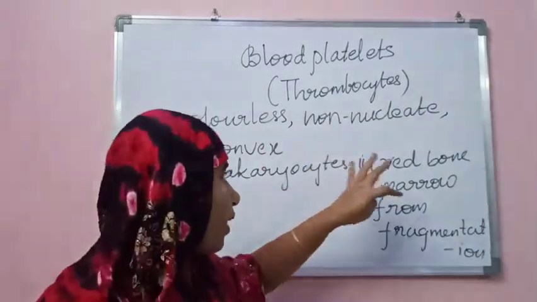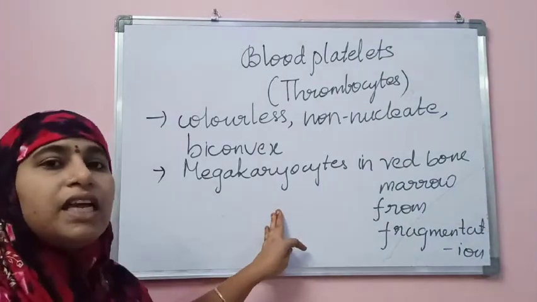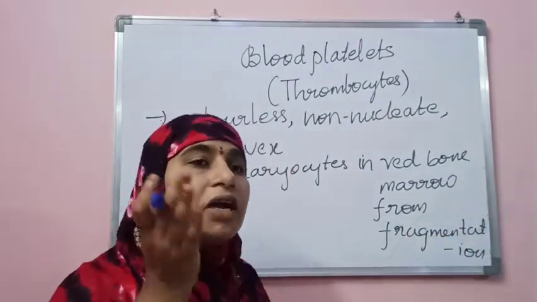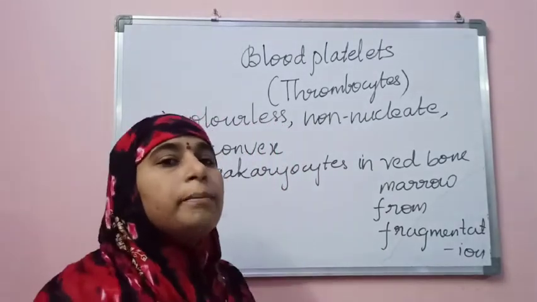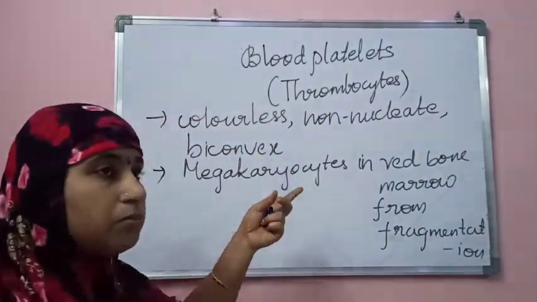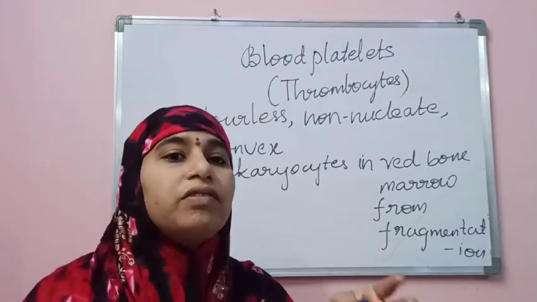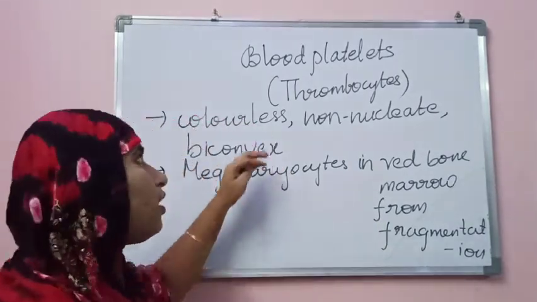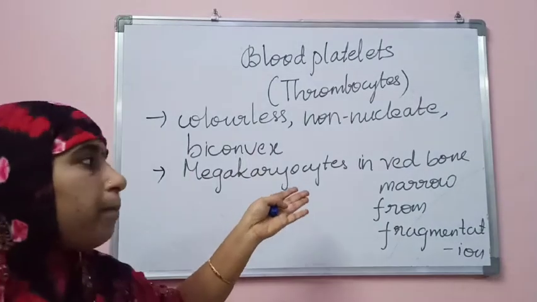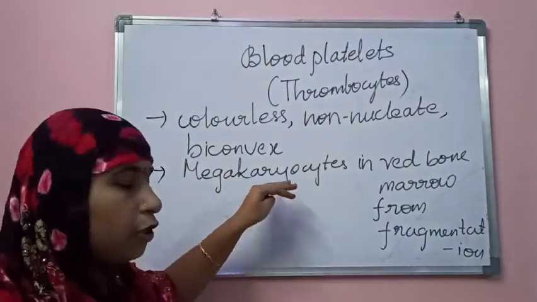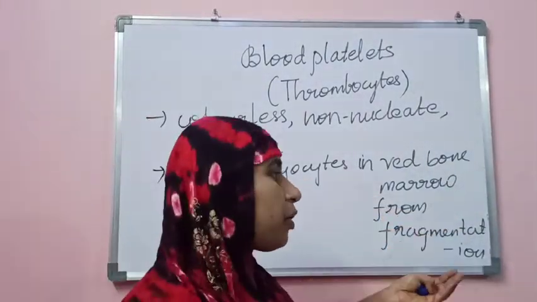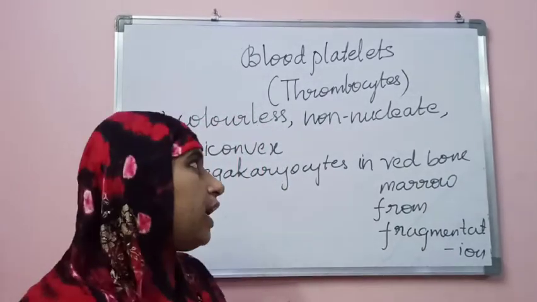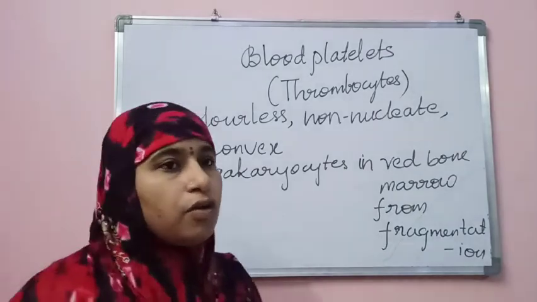In the red bone marrow, the megakaryocyte is present, and when it is broken into pieces, when the cells are being fragmented, then you can observe the formation of these blood platelets. So when the megakaryocyte present in the red bone marrow undergoes fragmentation or cleaving, then these blood platelets are formed.